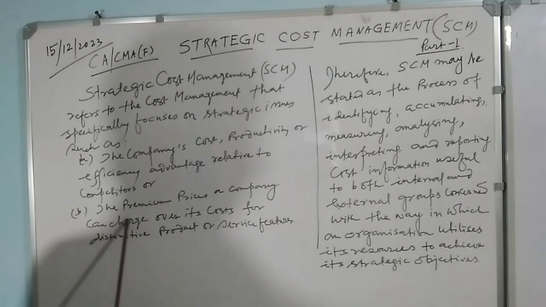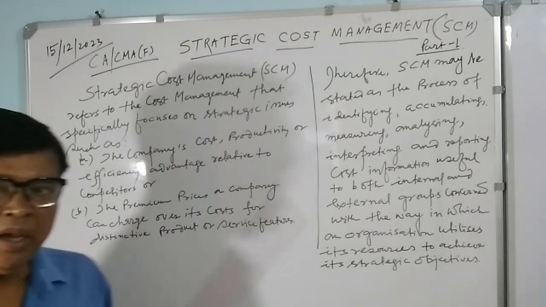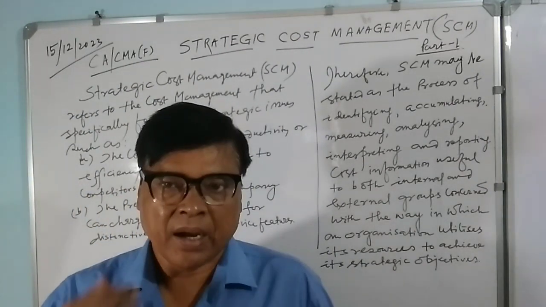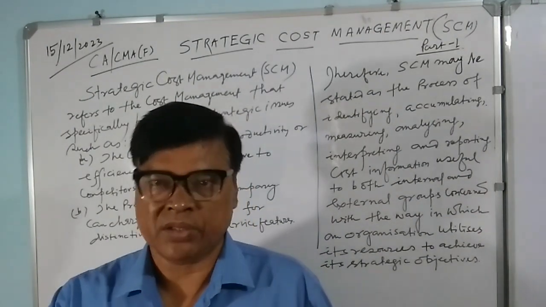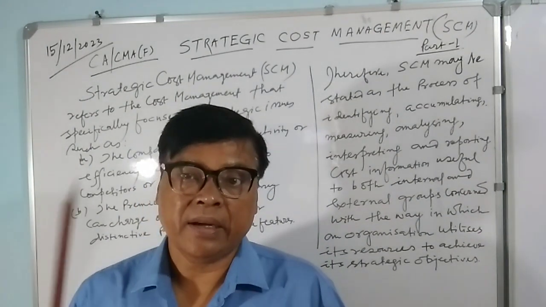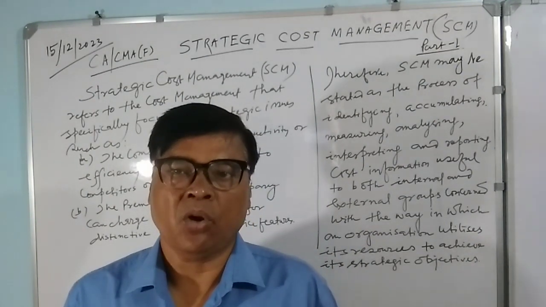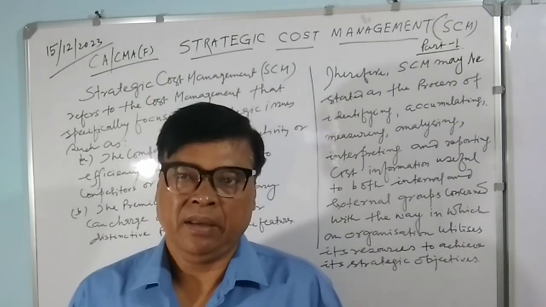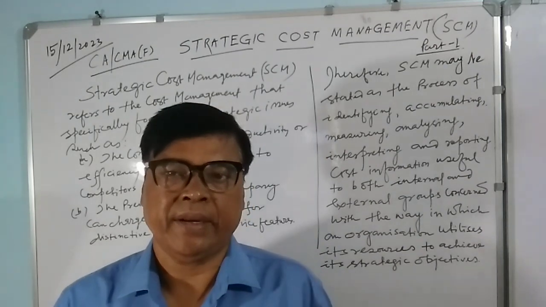The second point is the premium price a company can charge over its cost for a distinctive product or service. In today's marketplace, customers need good service, fast service. Just like the Tatkal service or premium service in railway ticket booking, or immediate flight booking, when you have to go today or get a ticket today.